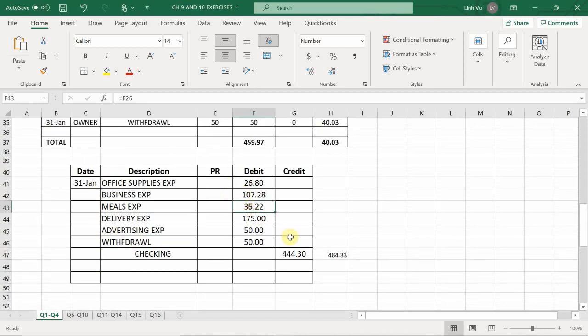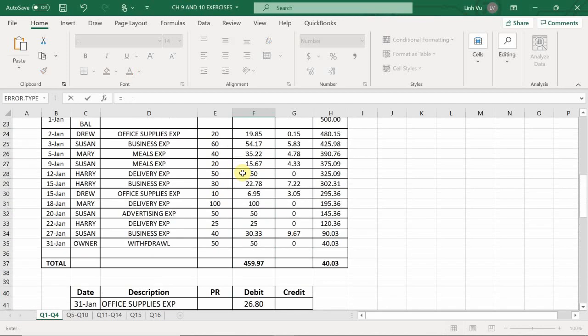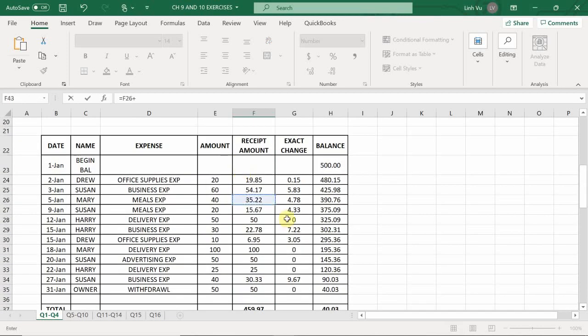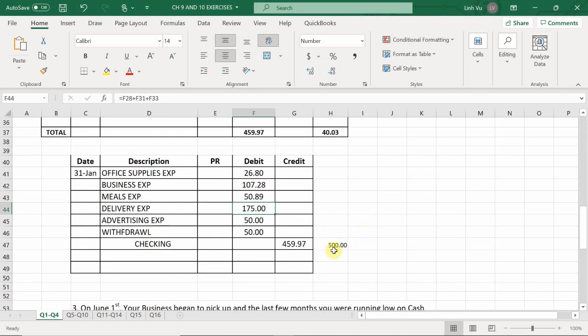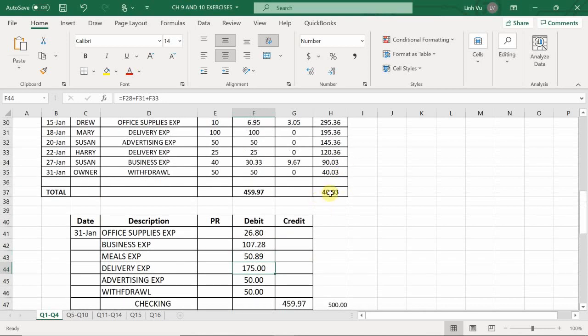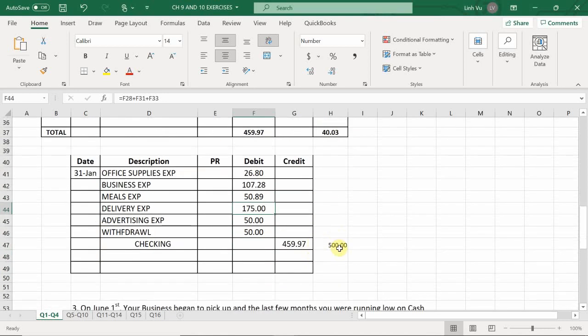So the good meals expense is actually going to be 2 of them, right? We got 35 plus this $15 worth of meals. And there you go. Now I get a total of 459.97, which if I add up my total amount of cash remaining, I get exactly $500. Okay, so there you go. And again, your note could be to replenish petty cash as of January 31st.